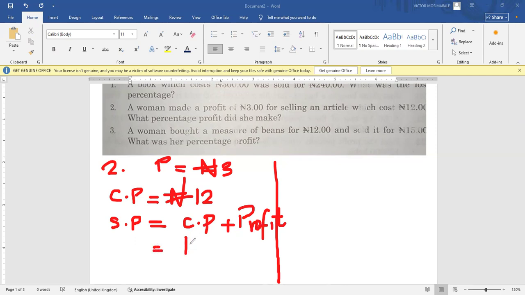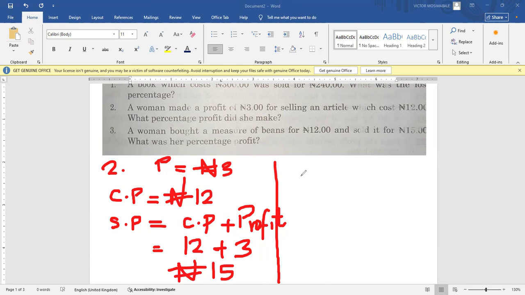So we have 12 plus 3, and that will be giving you how much? You're having it as 15 naira. The selling price is 15 naira. But they said a woman made a profit of 3 naira for selling an article which cost 12 naira. So what percentage profit did he make?